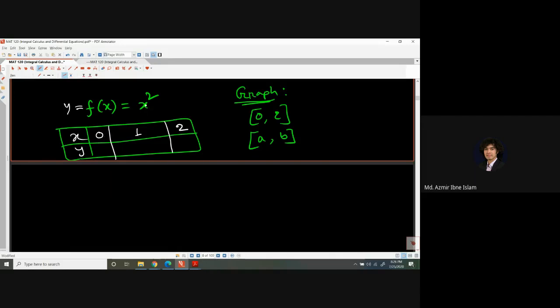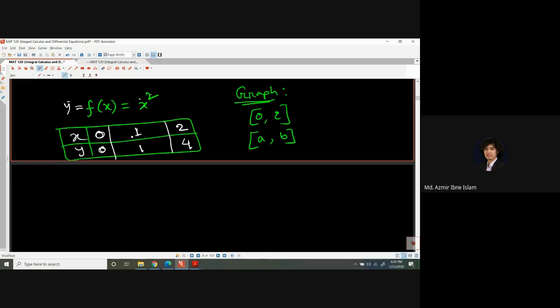Let's input 0 where we have x. 0 squared is 0. 1 squared is 1. 2 squared is 4. But you have to understand that we are saying x is the input variable and y is the output variable. Why is x the input? Because is it possible to get y without inputting x? No. At first we have to input x, then it is possible to find y.